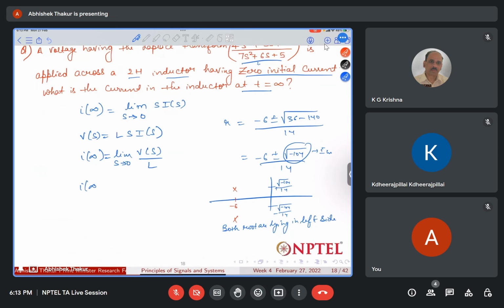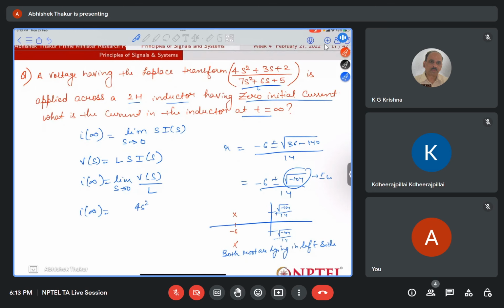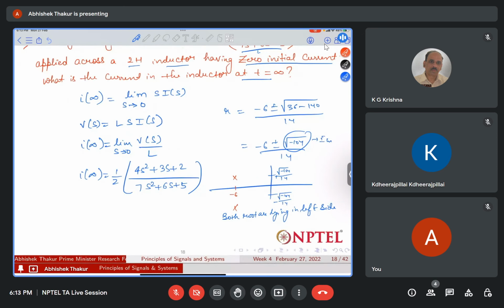Vs is given as 4s square plus 3s plus 2 divided by 7s square plus 6s plus 5, and the value of L is 2 Henry, so 1 by 2. Here s tends to 0, so we don't need to do anything special, we directly substitute s equal to 0.